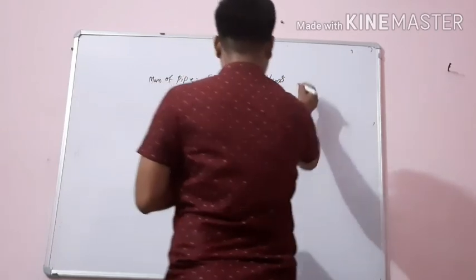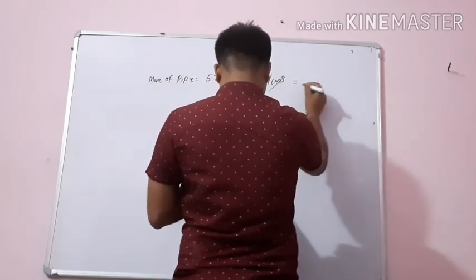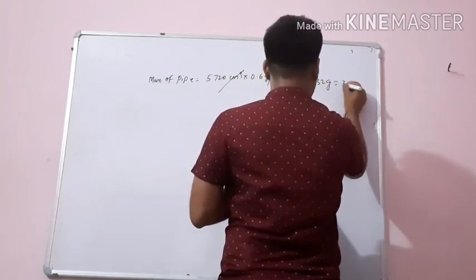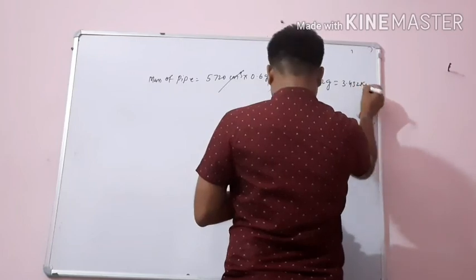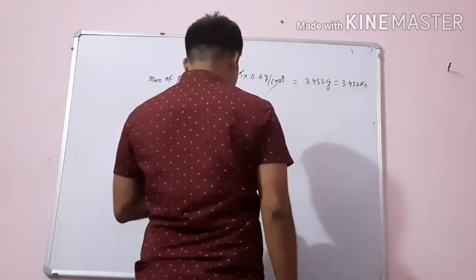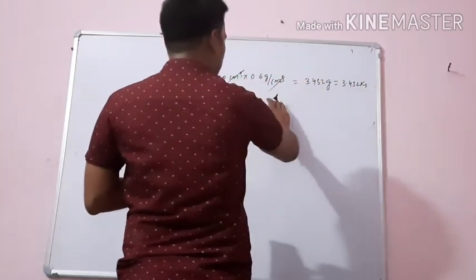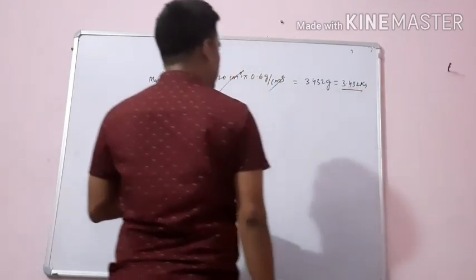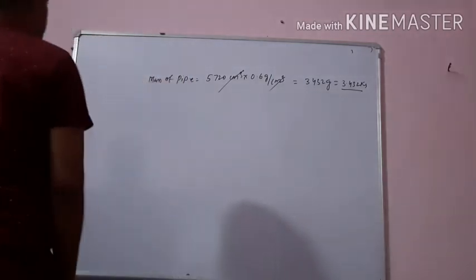Centimeter cube cancels out. It equals 3432 gram, that is 3.432 kg. The mass of the pipe is 3.432 kg. Solve the remaining questions. Thank you.